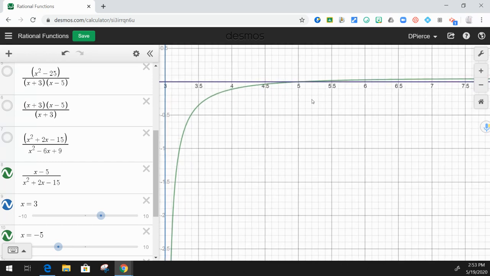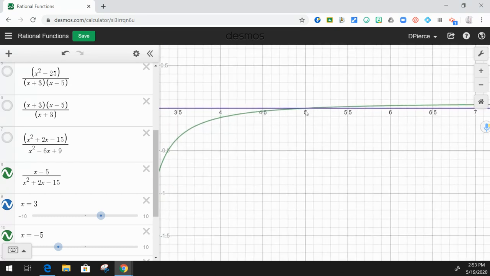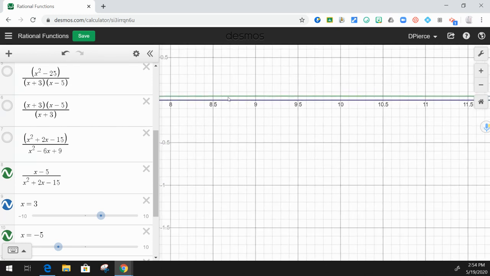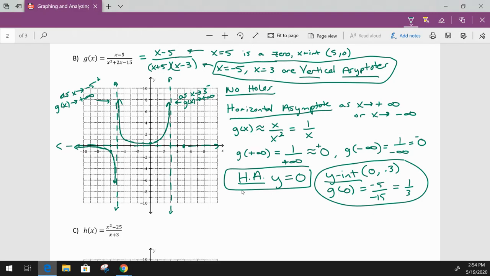Well, this is a special case where it actually crosses the x-axis at 5, and then it's above the x-axis, or above the line y equals 0, your horizontal asymptote. That one's kind of tricky. Like I said, it goes above the x-axis, running right along it, but above it.